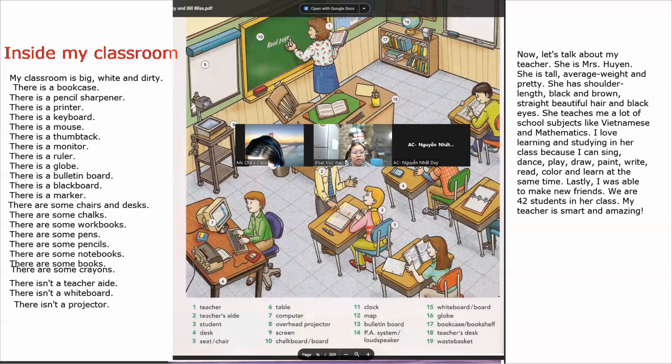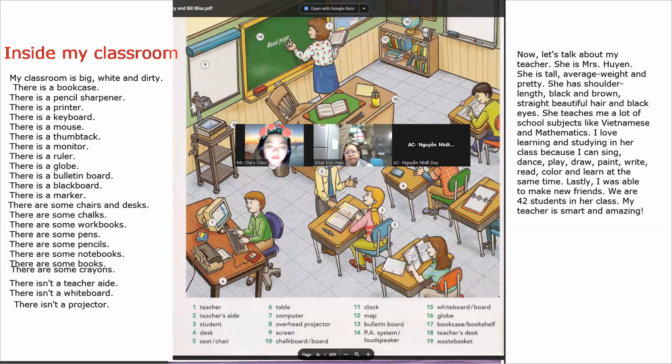There is a bulletin board. There is a blackboard. There is a marker. There are some chairs and desks. There are some chalks. There are some workbooks. There are some pens. There are some pencils. There are some notebooks. There are some books. There are some crayons. There isn't a teacher aid. There isn't a whiteboard. There isn't a projector.